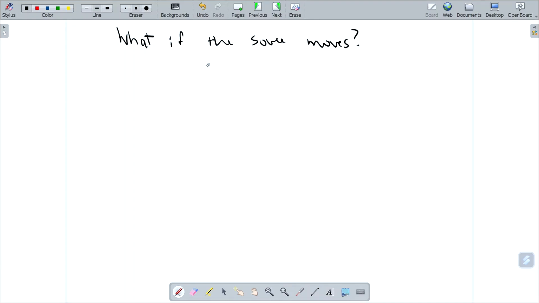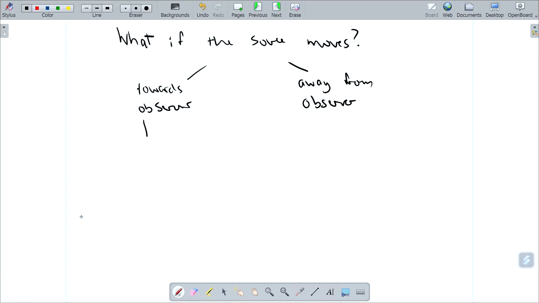There are two different cases: the case of when the movement is towards the observer, and the case of movement away from the observer. In both of these cases, something different is going to happen. So let's first consider the movement which is towards the observer.